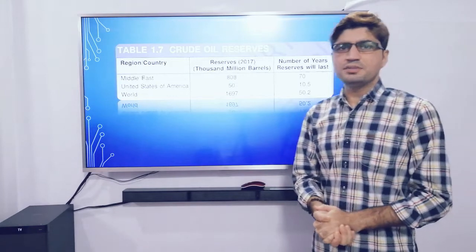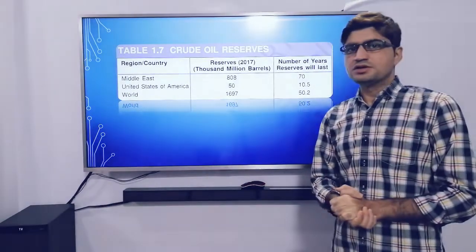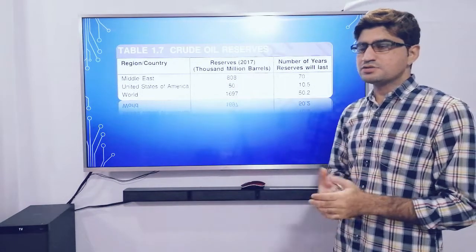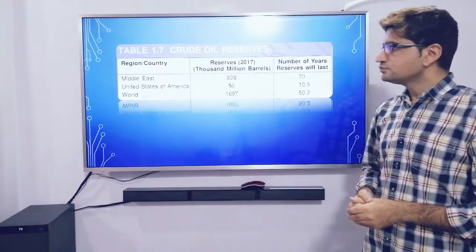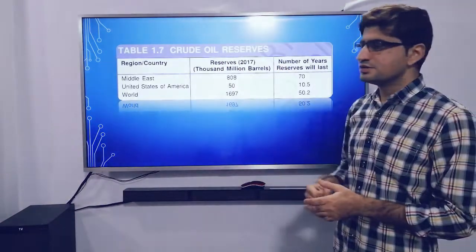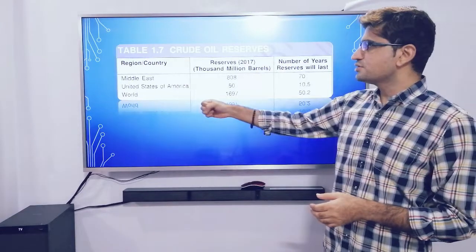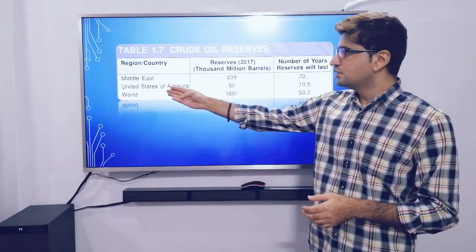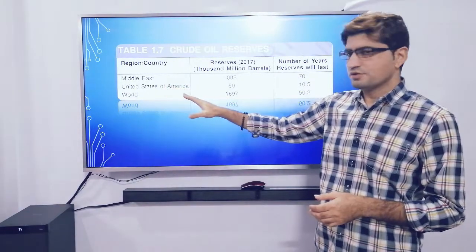A similar example about non-renewable resources, which is a crucial resource for us: crude oil. Here are crude oil reserves, with main resources like the Middle East, USA and the rest of the world.